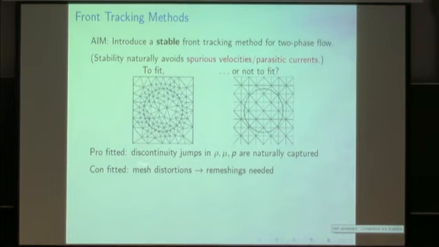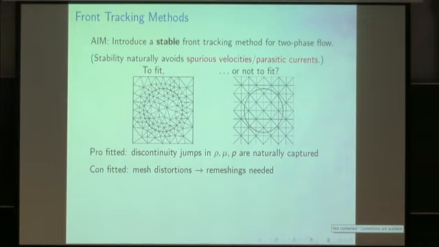The downside of the fitted method is that as your interface evolves in time, so you could, for instance, think, I will later show examples where this bubble is rising in a container, you can imagine that your mesh gets severely deformed. If this bubble rises, then of course these elements will be compressed and these will be enlarged, and very often with refinement you cannot deal with that, so you actually have to remesh your bulk mesh, and that's one disadvantage.